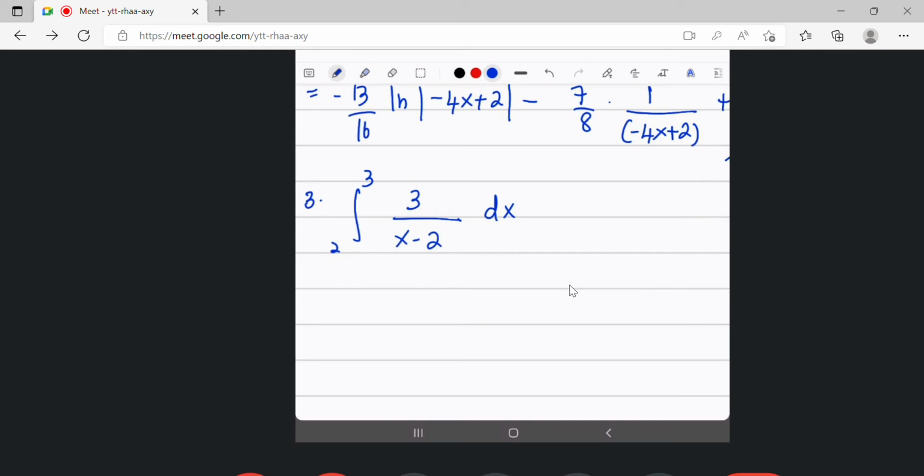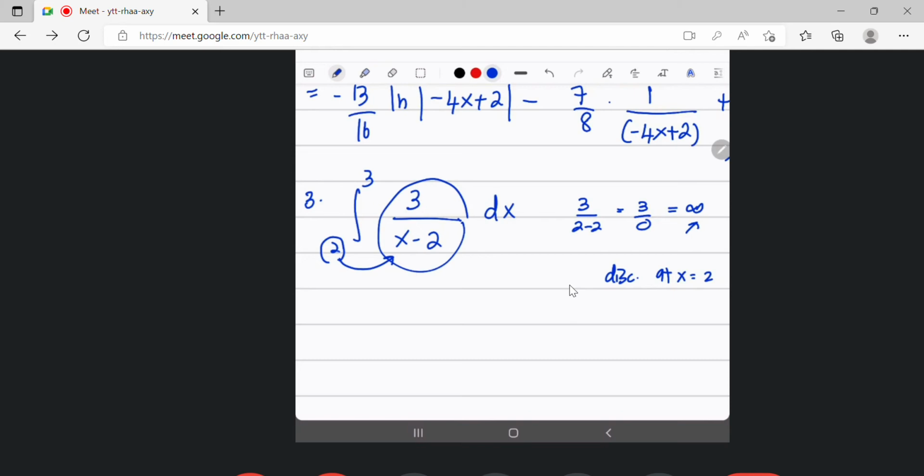Discontinuity point you can check by substitute each interval ni ke dalam x, masukkan ke dalam function yang ini. Okay, so kita ada 3 over x minus 2. So, kalau kita gantikan 2 ni dalam ni, kita akan dapat 3 over 2 minus 2 which is equal to 3 over 0 which is equal to infinity. So, bila dapat infinity, maksudnya dia discontinued dekat x equal to 2.